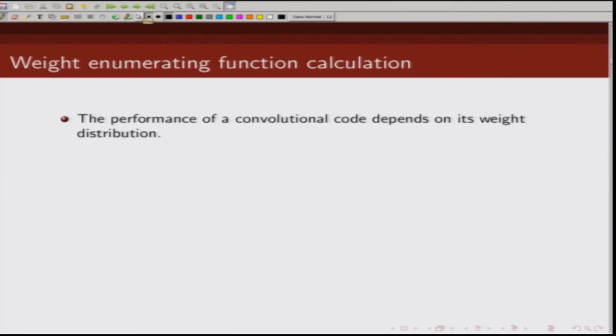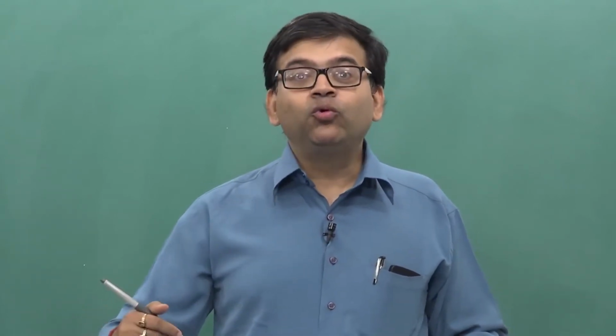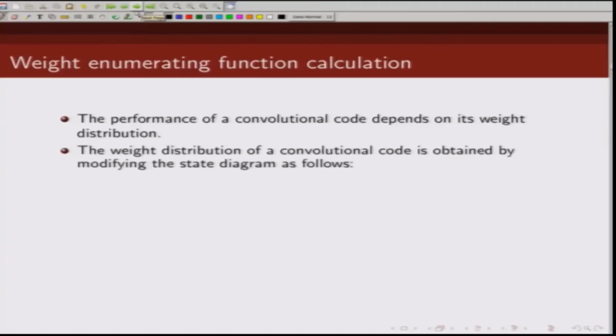We know that the performance of any convolutional code depends on its weight distribution, and that is why we are interested in finding out the weight distribution of a convolutional code. In this lecture, we are going to talk about a method based on Mason's gain formula to compute the weight distribution of a convolutional code. First, we are going to modify the state diagram of a convolutional code.